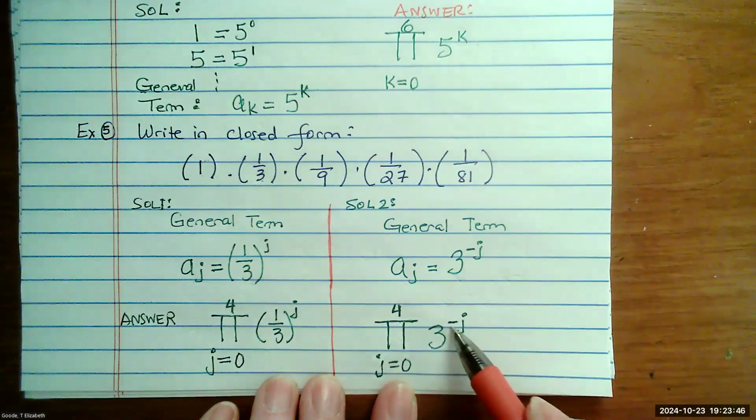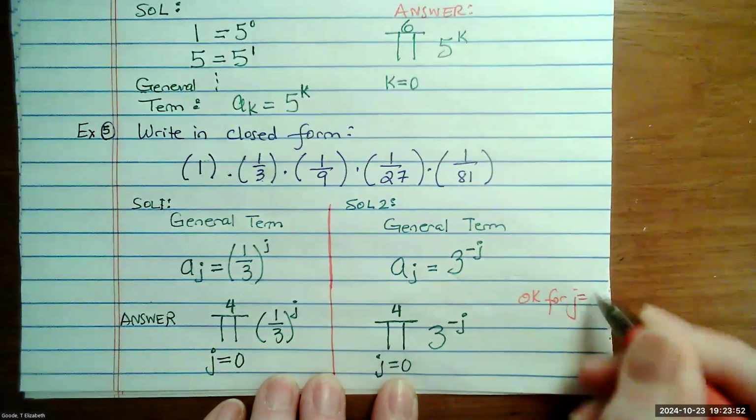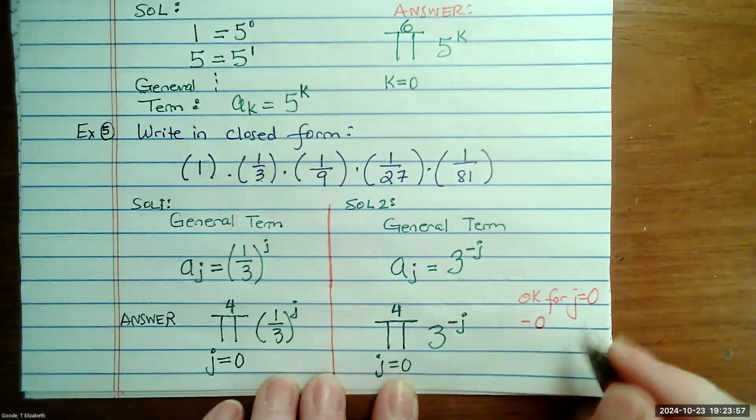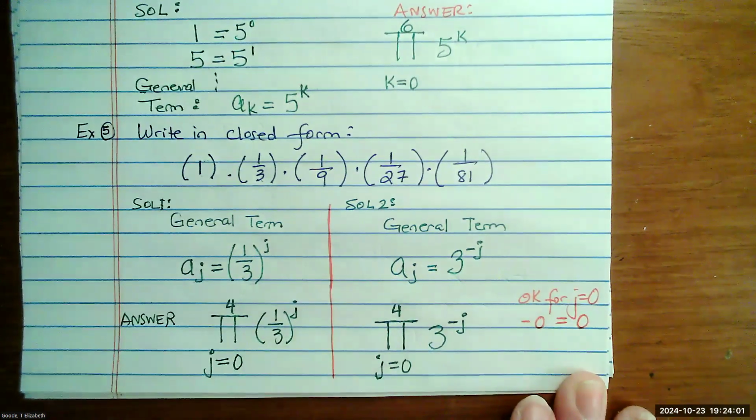Like, are you worried about negative 0? It's okay for j equals 0. Why? Because what is negative 0 anyway? It's negative 1 times 0, and that, of course, is 0. So there's no problem. Okay? Questions?